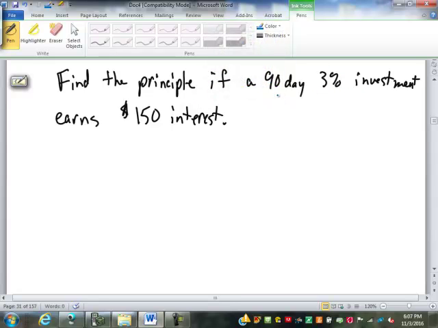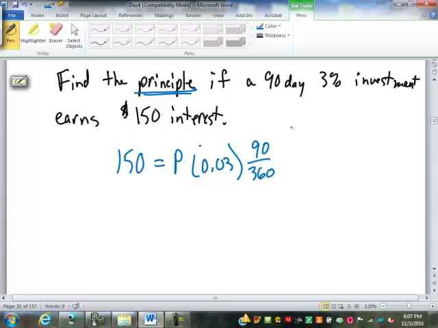So 90-day, it does not say exact or ordinary, so we're going to assume ordinary. So this is going to be 150 as our interest. We're looking for the principal. Rate is 0.03, and our time is 90 over 360.